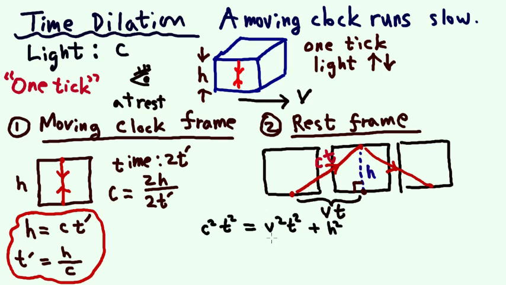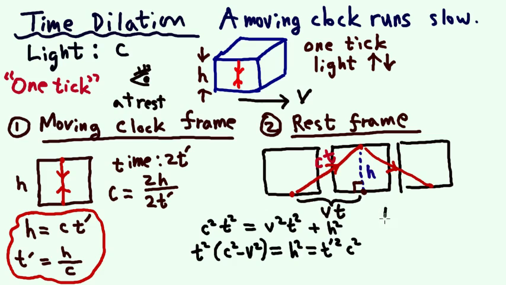So we can now move this v squared t squared to the left hand side and factor out t squared, and you get (c squared minus v squared) t squared equals h squared. At this point we can use the fact that h is equal to ct prime, so h squared is t prime squared c squared. And so now we can solve for t and t prime, remembering that both t and t prime are positive numbers.